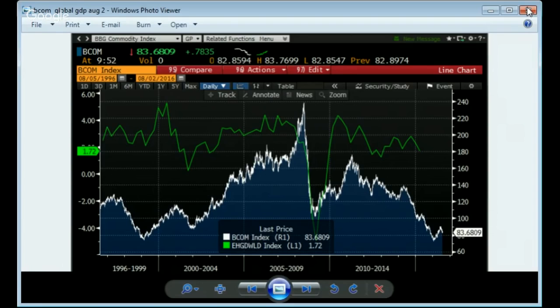Okay. Now, are commodities anticipating some sort of collapse in GDP, world GDP? Commentators to the negative have taken this as a warning sign that world GDP is headed for a collapse.